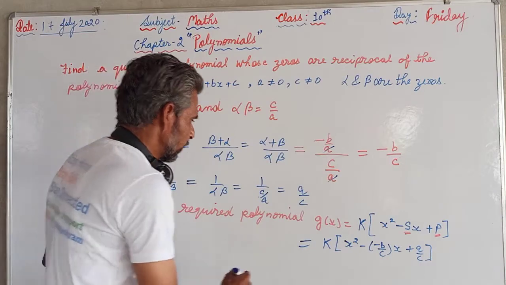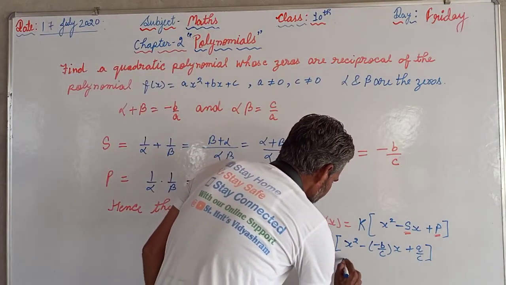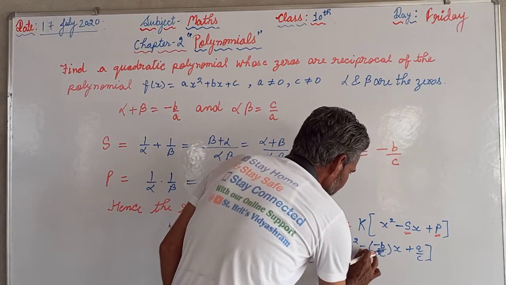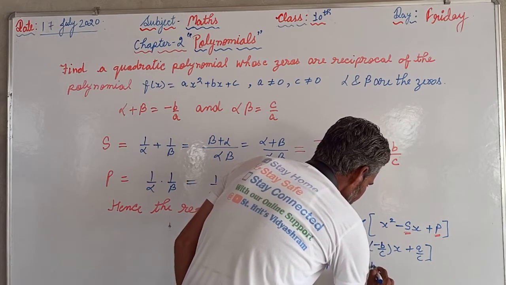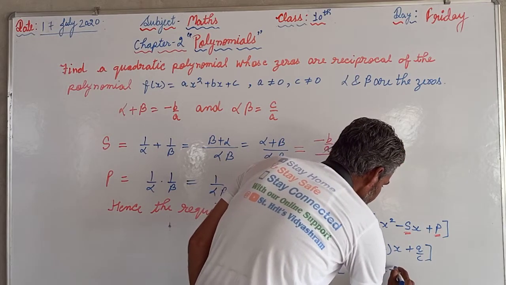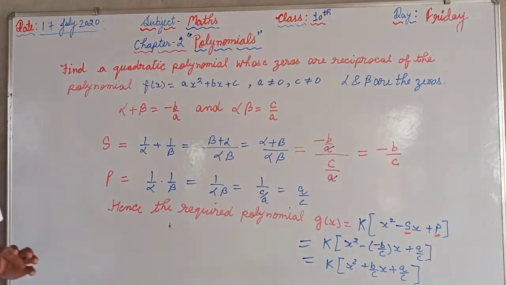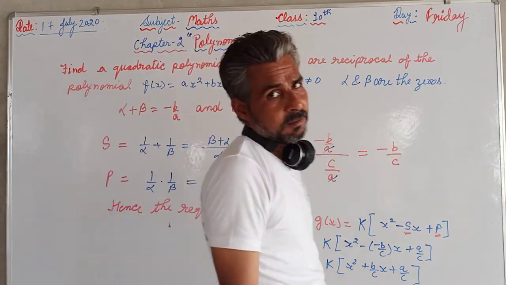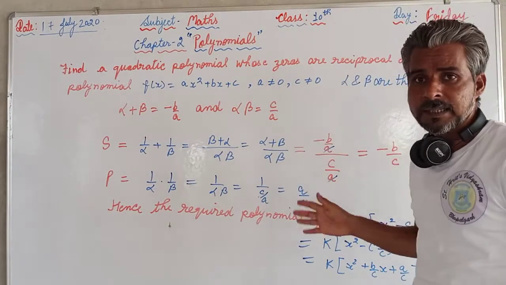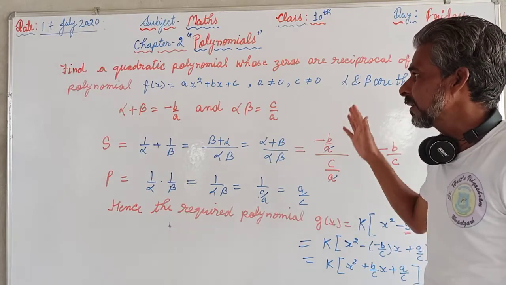So from here we can say that k into x square plus b upon c x plus a upon c is our required polynomial g of x. So by this method we can solve the questions. At the same time we will take one more question. I hope that this question is clear to you. You can solve questions like this.